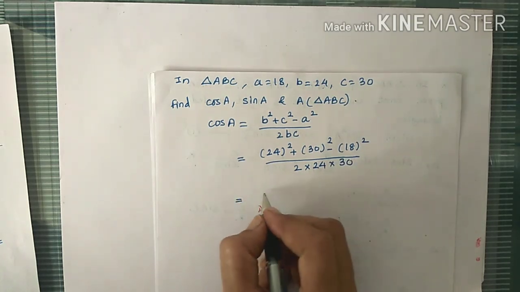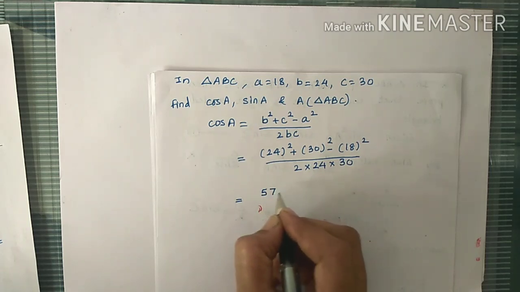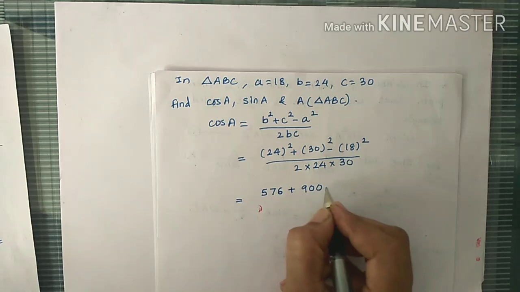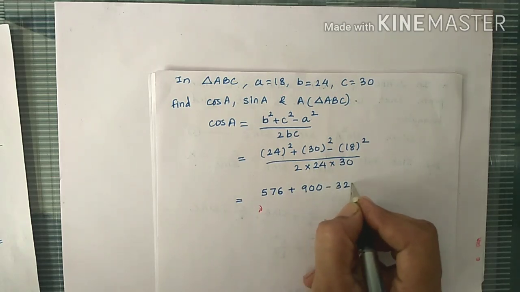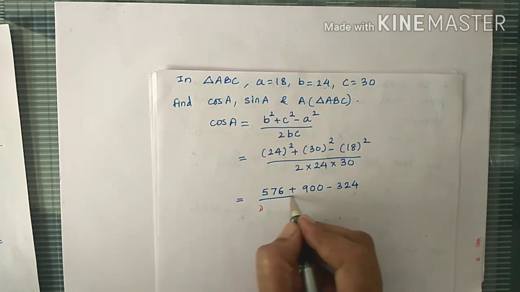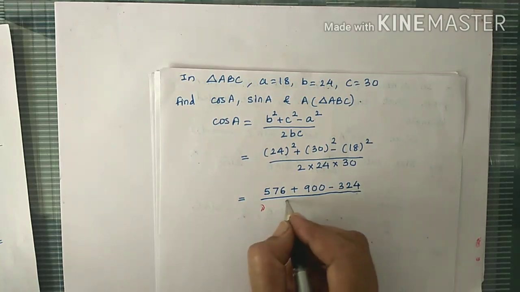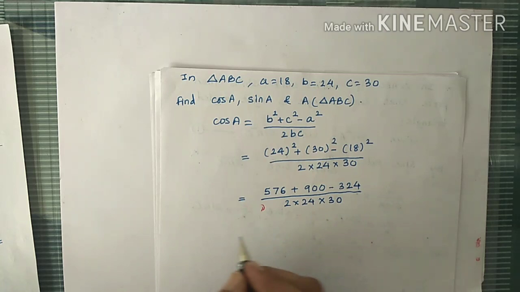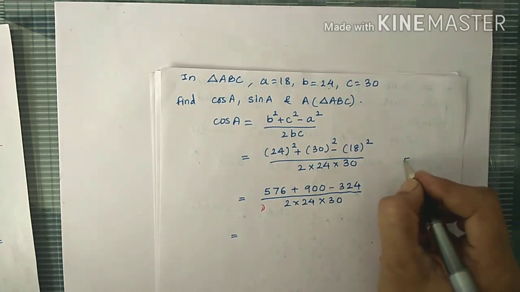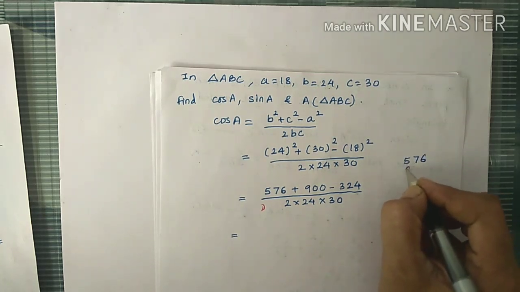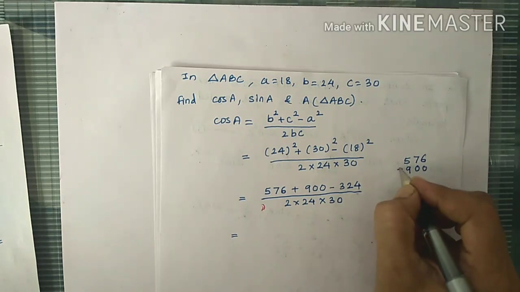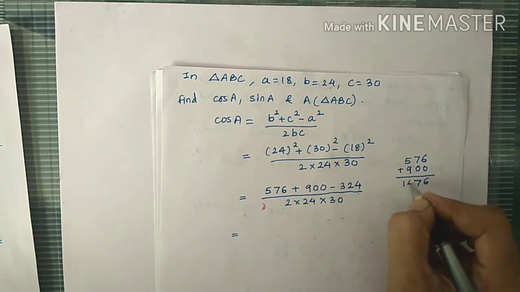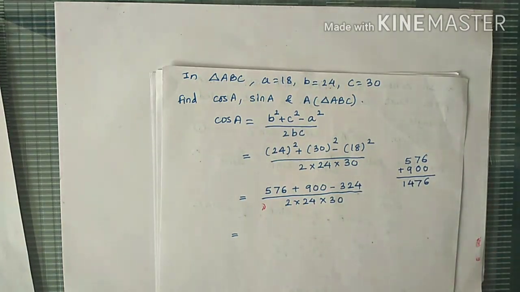So let's solve this. 24 square is 576, 30 square is 900, 18 square is 324. Let's write the denominator as it is. 2 into 24 into 30. Now 576 plus 900 gives us 1476.